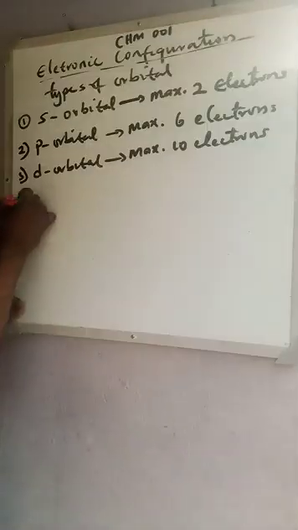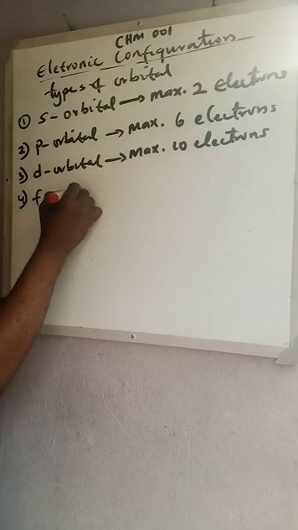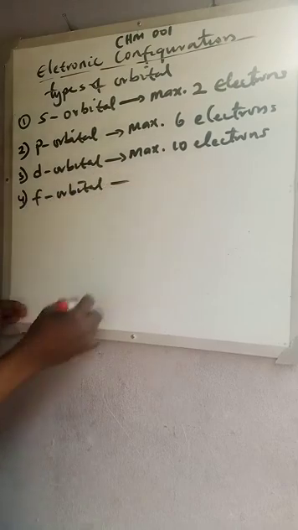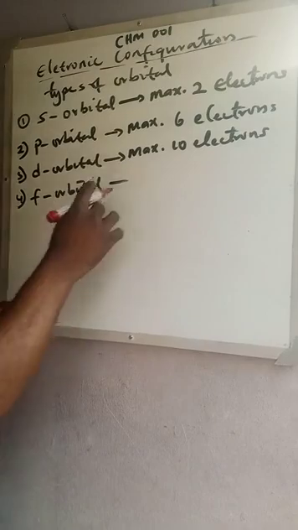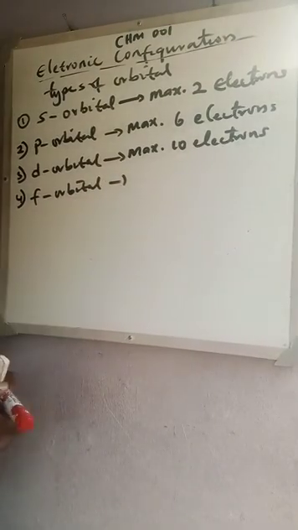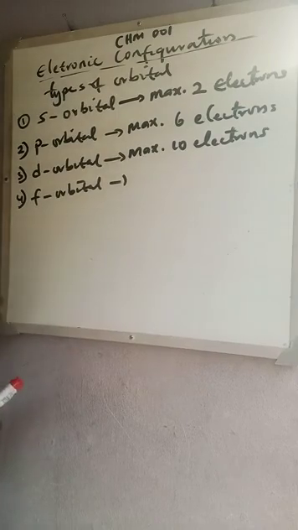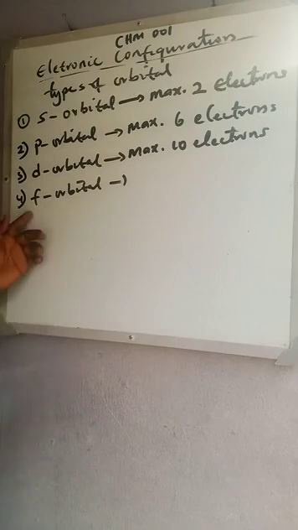The fourth one, the final one, is the f orbital. The f orbital is the last orbital in the configuration of elements. Are we there? Good. It has 7 atomic orbitals.